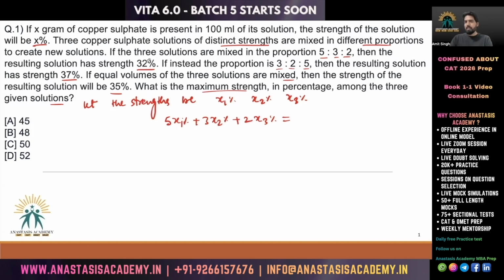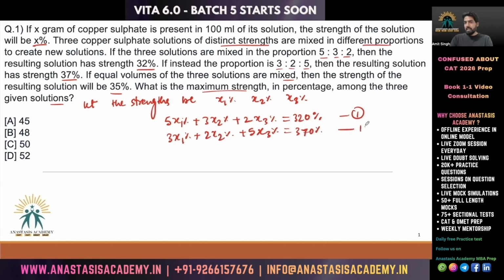If I multiply with 10, it would become 320%. You can cancel out these percentage symbols from the whole equation. So I'm getting this as first equation. Now my second equation would be 3x1% plus 2 times x2% plus 5 times x3% would be equal to 10 into 37. That would be 370%.